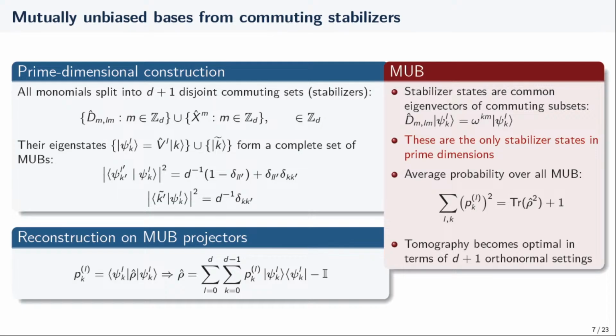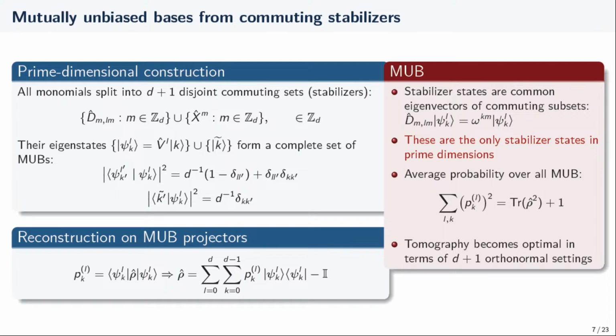Any operator we have can be represented in the following form. Here is a projector on such a basis, and the factor of this projector is the probability to detect the state in such a state. So this is a diagonal representation of the density matrix, which is very common in applications.